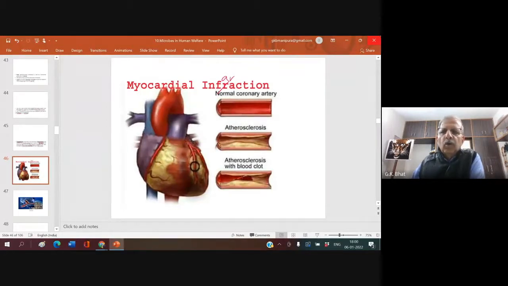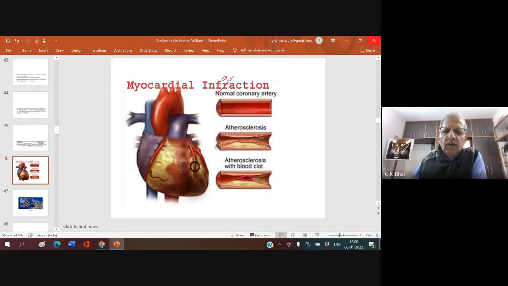So whenever they get blocked, see here, this is a blockage you come across, by the deposition of cholesterol and all. And also you do see some of the block here. This is what is called atherosclerosis. Atherosclerosis is a blockage observed in the coronary artery.